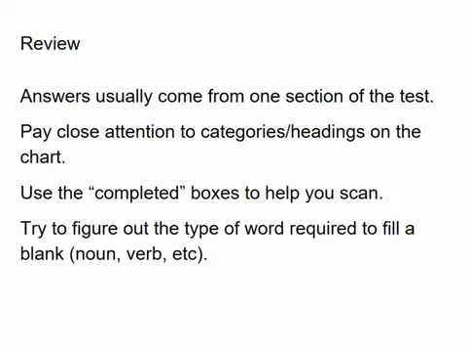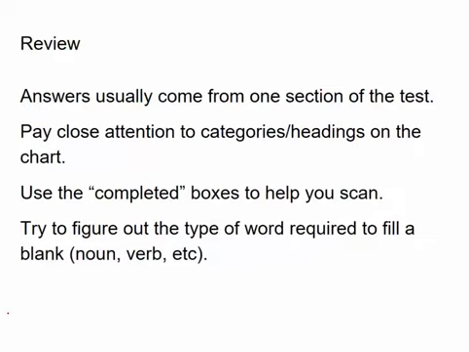Look at the title, look at the information at the top and along the side of the chart. That's the information you should use to help you scan for the answers. Use the completed boxes then if you need ideas about what kind of information should go in the chart. Okay, so look for those for examples of the type of information to go search for after you found the general section of the reading passage where you think the answer will come from.